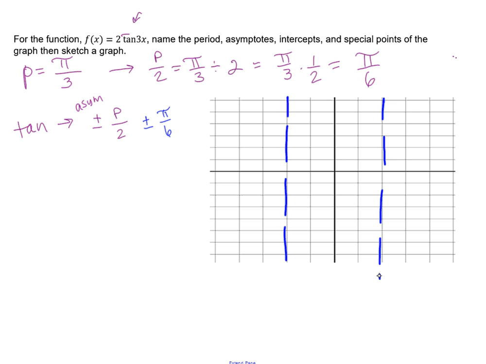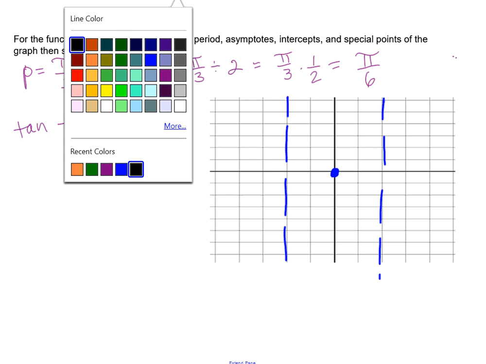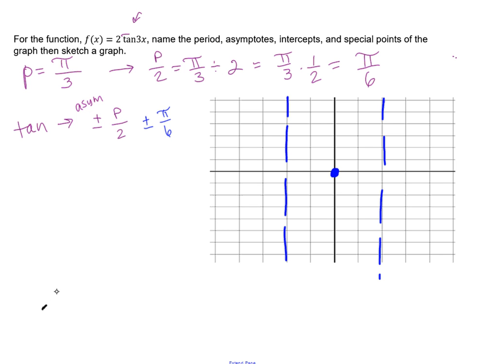I don't even have to put in the rest of the x labels yet because I know the intercept's going to go right here. In between the 2 asymptotes, intercept dead smack in the middle. Now if we put our values on, if this right here is negative pi 6, and this is positive pi 6, what is this one going to be?